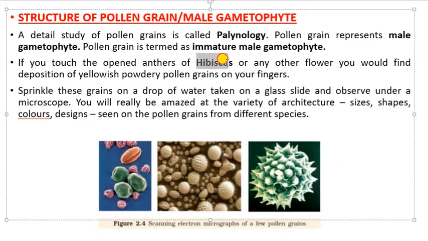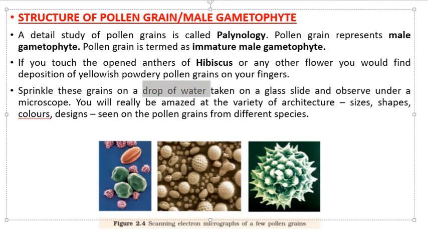Now, dear students, when you open the anther of hibiscus or any other flower and touch the anthers, you will see that a yellowish powder gets deposited on the tips of your fingers.